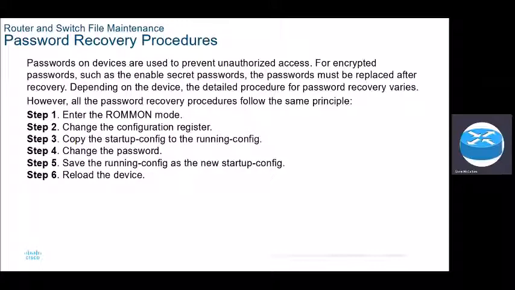And of course, once you've changed the password, you've only changed it in the running config, so you need to save it onto the startup config. Now, you will also need to change that configuration register back to the standard setting so that it will not ignore the startup config. And then, of course, you reload the device.